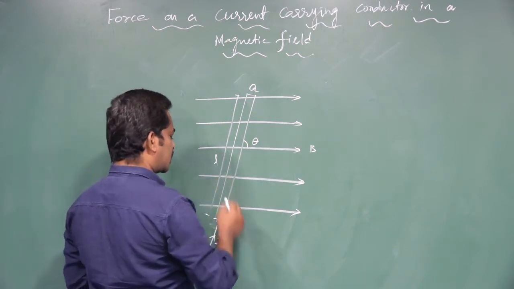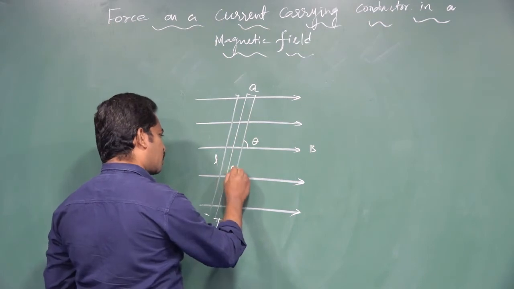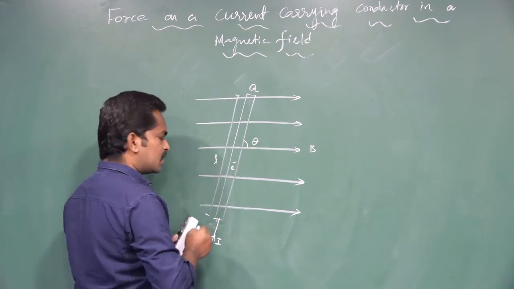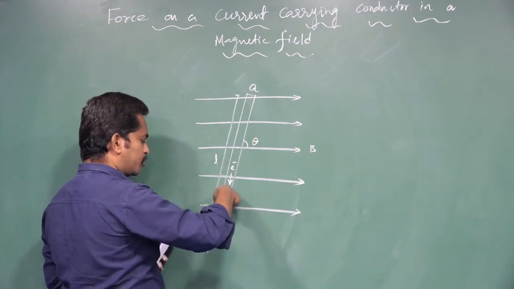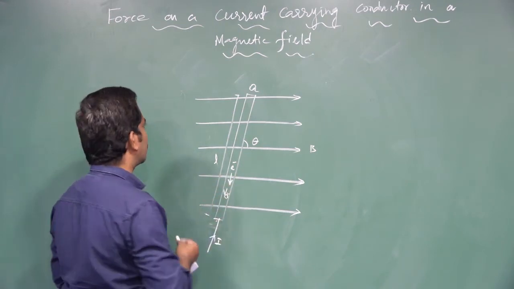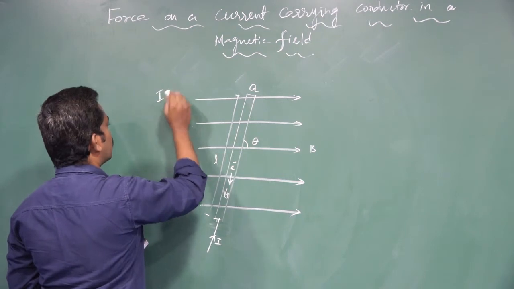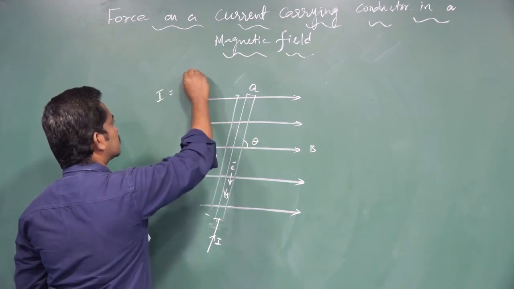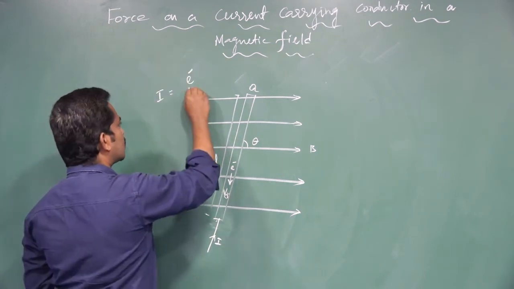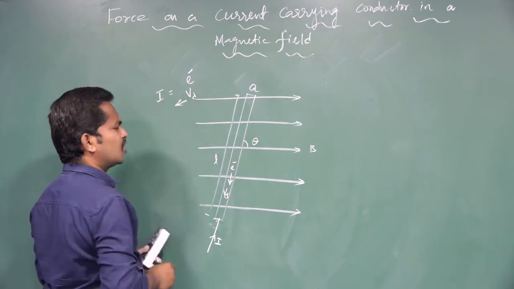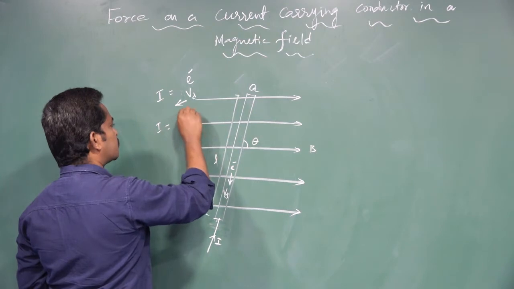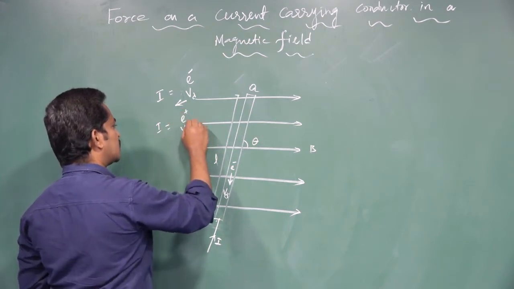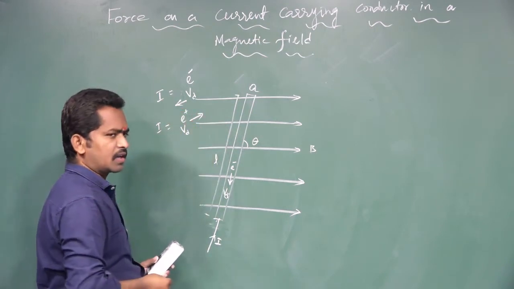Consider one single electron e. The drift velocity of the electron is Vd, opposite to the direction of electric current. If the charge is negative, the drift velocity is opposite to the direction of electric current. If the charge is positive, the drift velocity is along the direction of electric current.